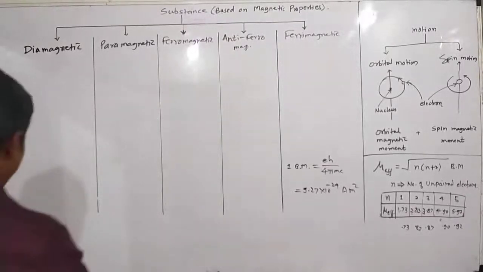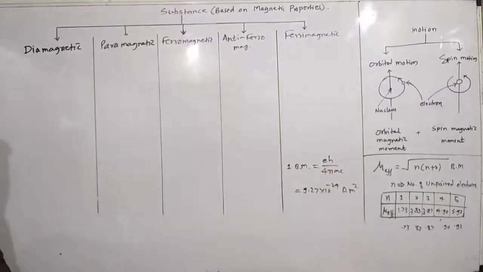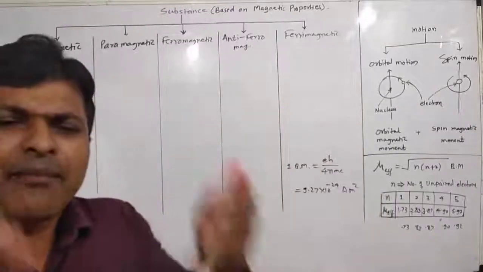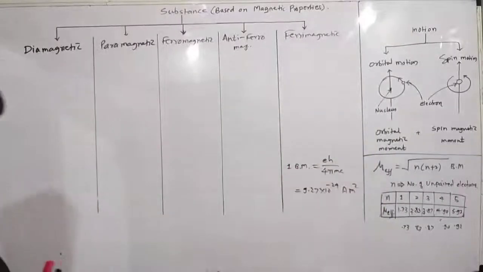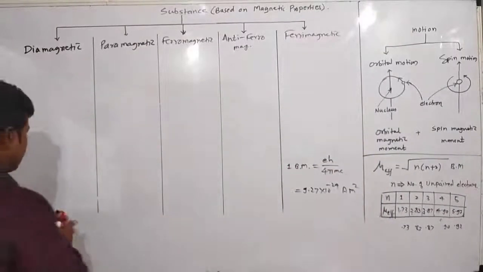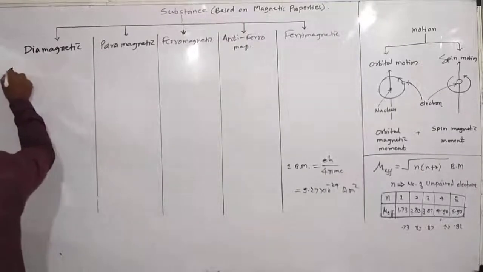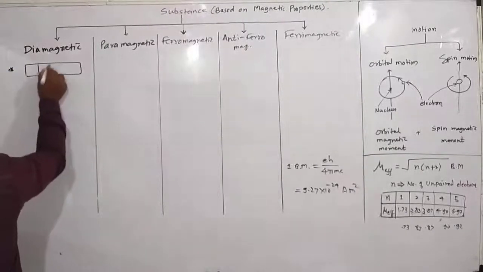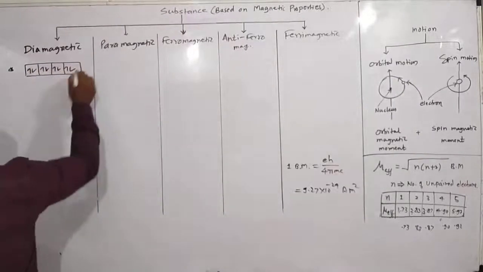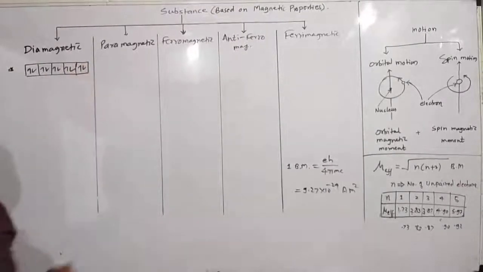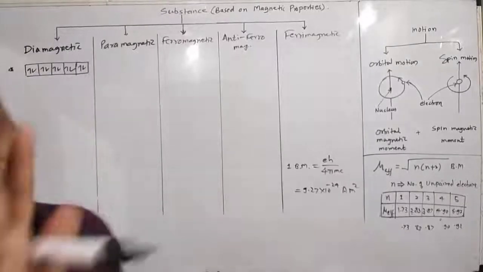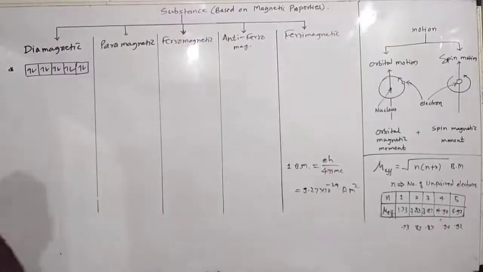So what is meant by a diamagnetic substance? Suppose you apply a magnetic field, take a magnet with N and S poles near the substance. A diamagnetic substance has all electrons paired, since any orbital can accommodate only 2 electrons.